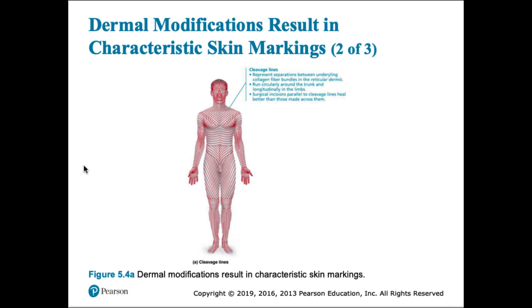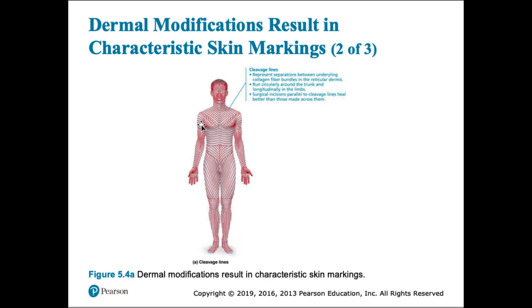We do have some other dermal modifications and skin markings all over our body. We have things called cleavage lines, and they sort of represent the separation between underlying collagen fiber bundles in the reticular dermis.